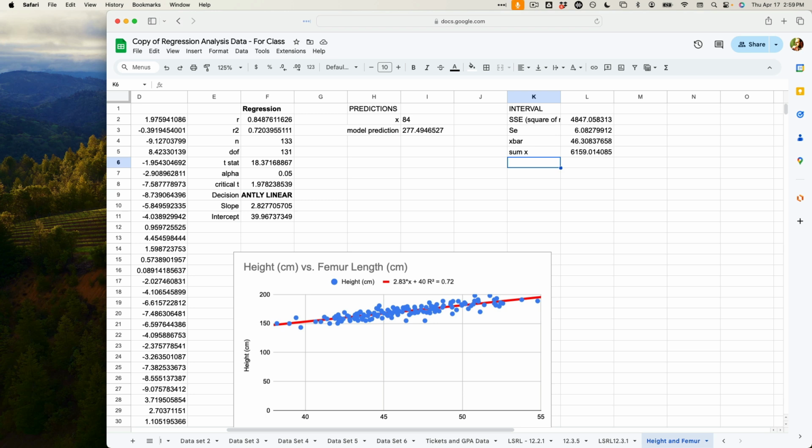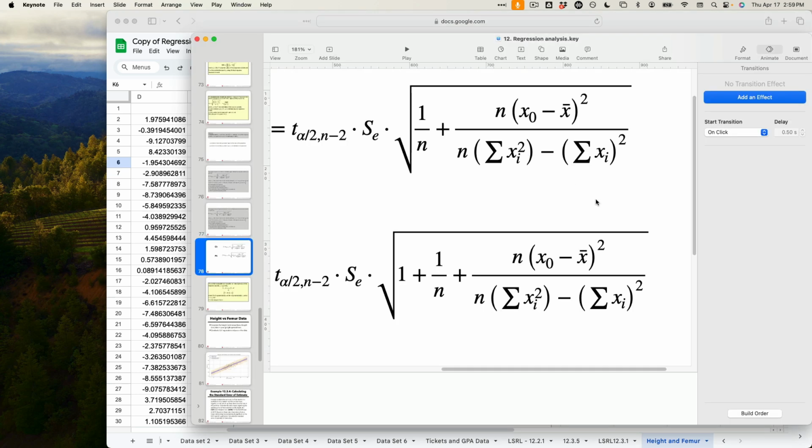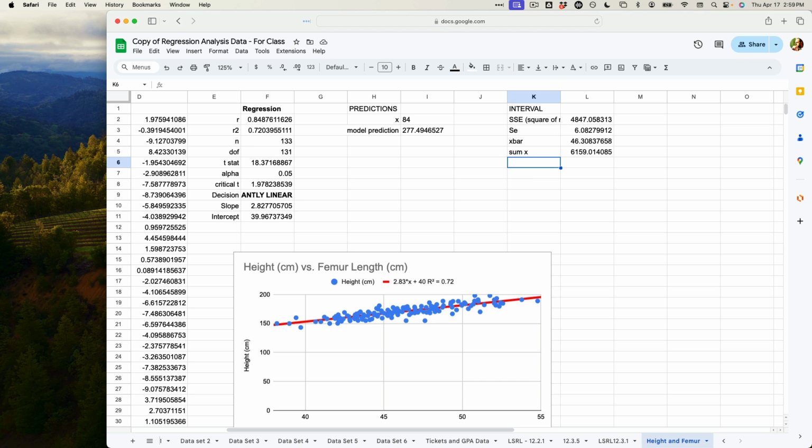And then the other one is going to be the summation of squares of x, and that's equal to sum squares as well of A. 286,775, whatever that is. That's really good.